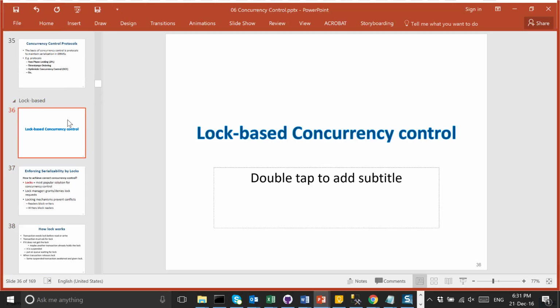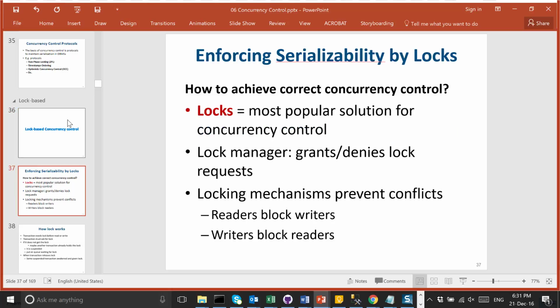Okay, so let's start with lock-based concurrency control, which I mostly explained here. I will go through it quickly in case there are things that are not well explained. So locks are ways of achieving serializability. Serializability, I explained it, and I explained how we establish it theoretically using the precedence graph.